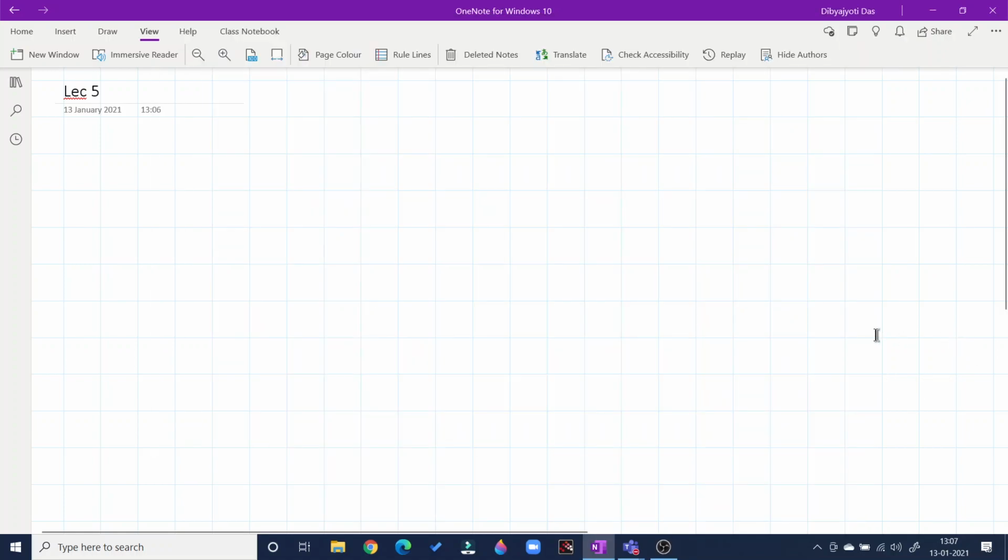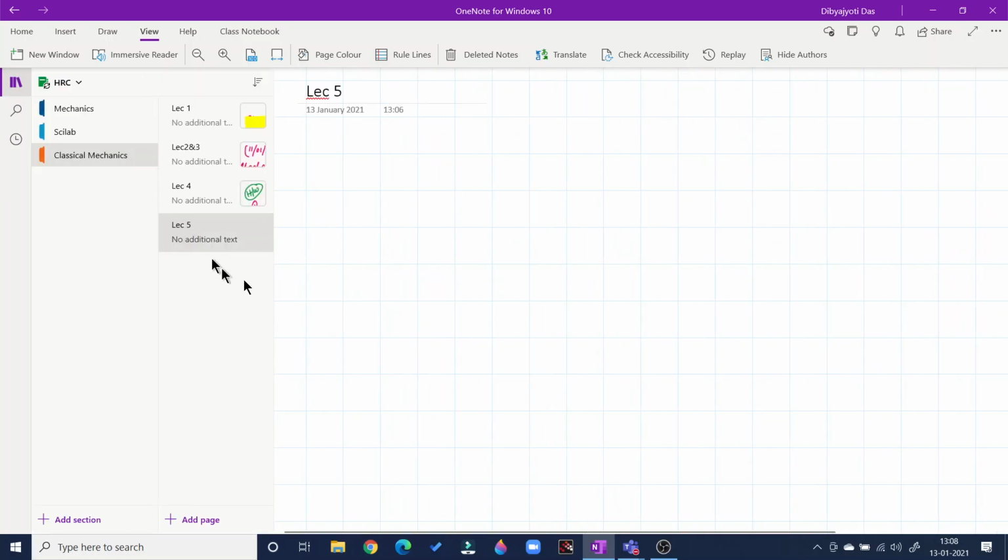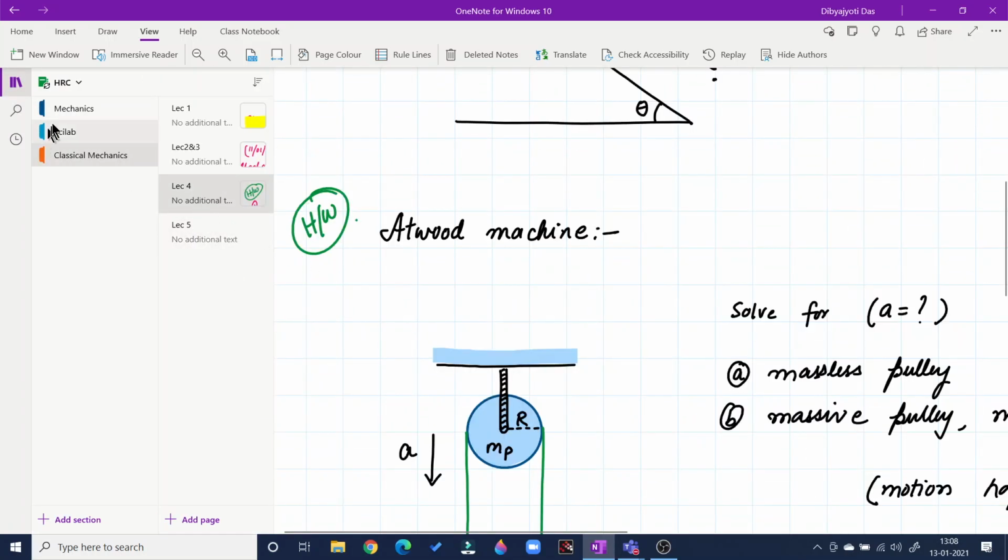Okay, so in continuation of my previous lectures, in which I introduced the formulations of Newtonian mechanics, I gave you a few problems to solve using Newtonian mechanics and its concepts. Have you solved those questions?